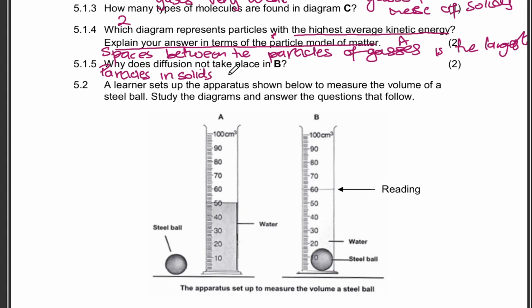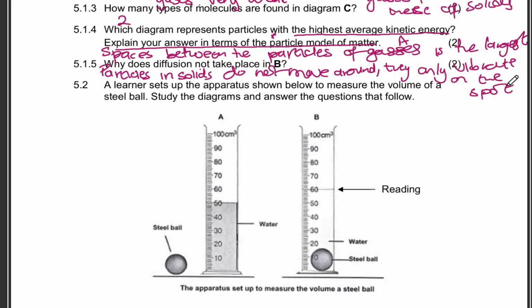They only vibrate on the spot. So it is not possible for the particles to travel from a place of high density to a place of low density.